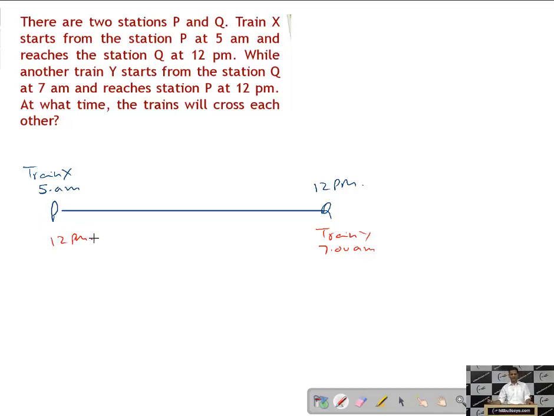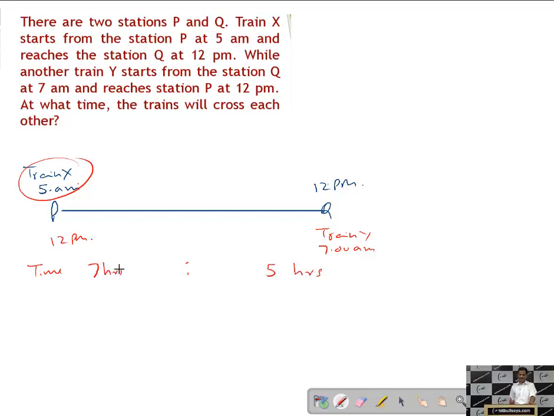You can make an equation, but after solving you will take minimum 3 to 4 minutes. I will tell you a trick, students, how this will apply. Now we know the ratio of the time. Train X is moving from 5 reaching at 12, that means train X is taking 7 hours, train Y is taking from 7 to 12, 5 hours.